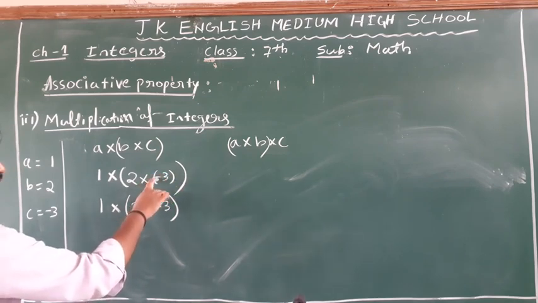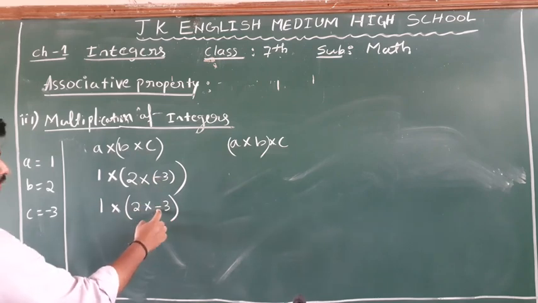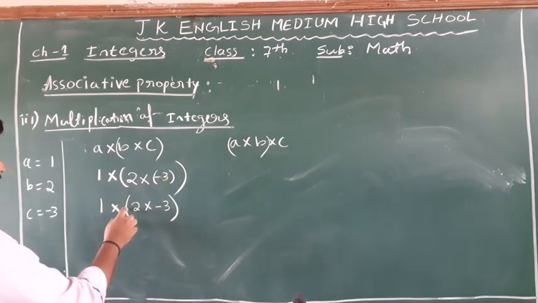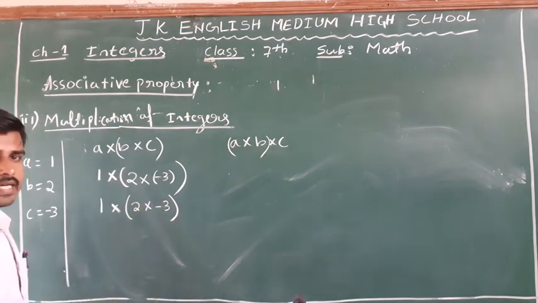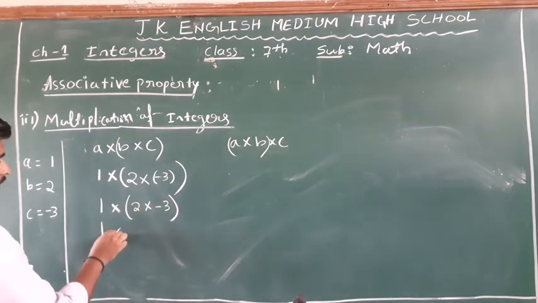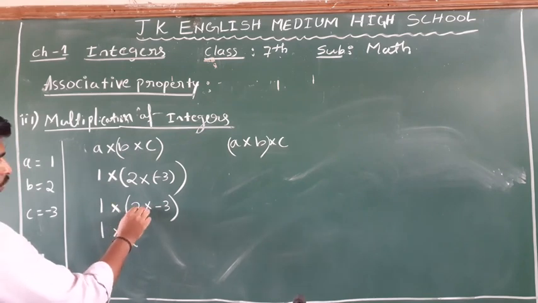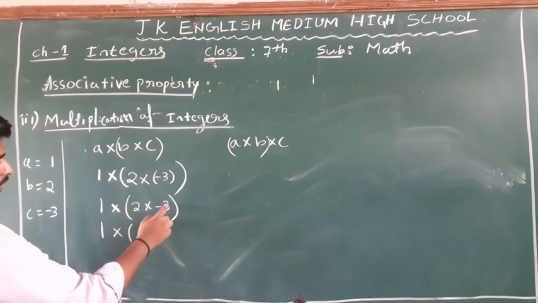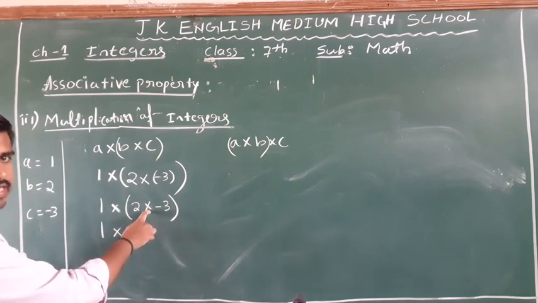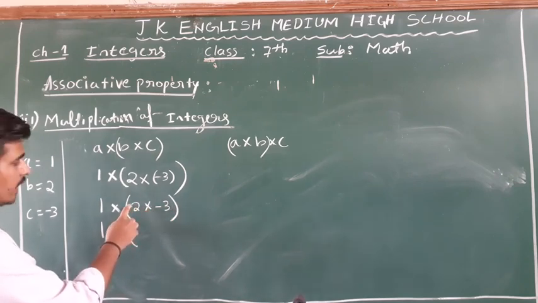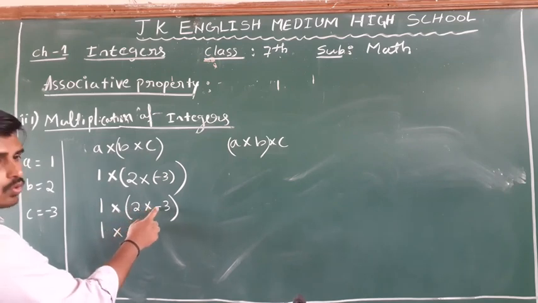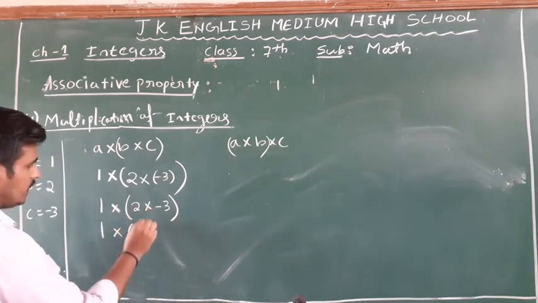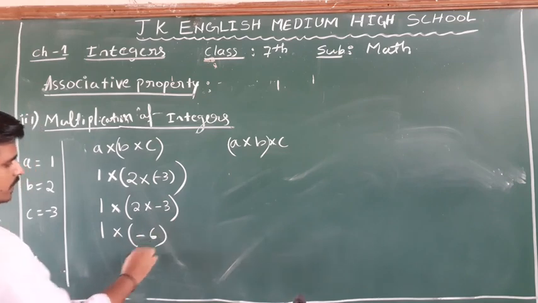Outside sign is multiplied by inside sign, so the new sign that came is negative, this 3 came outside. Now you can't open this bracket until you get a single answer inside the bracket. So to get a single answer, you have to multiply now. 2 into minus 3. If there is a multiplication sign between two numbers, first you need to multiply their signs. Plus into minus will give you minus. 2 into 3 will give you 6.